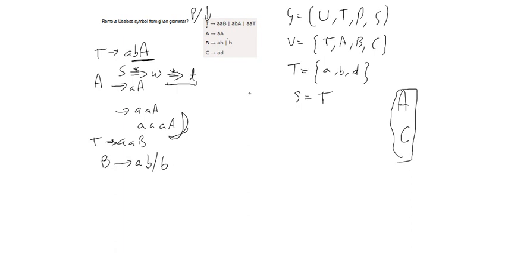Capital letter A and capital letter C are useless symbols, and we should remove those useless symbols from the grammar. To remove useless symbols, what we need to do is directly remove the symbols from all the productions. Wherever we are getting the useless symbol in the grammar, everywhere we should remove it.